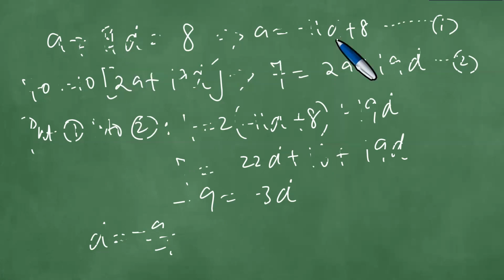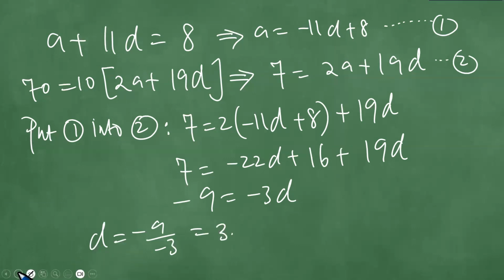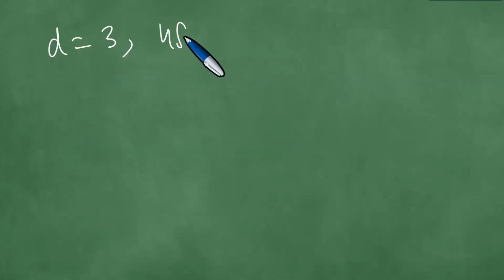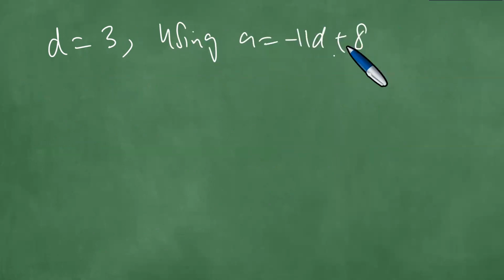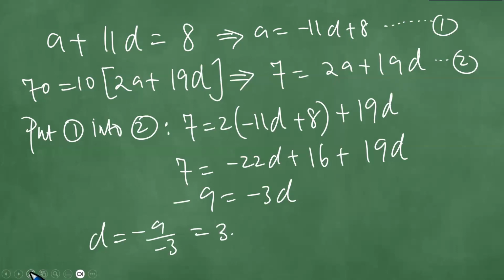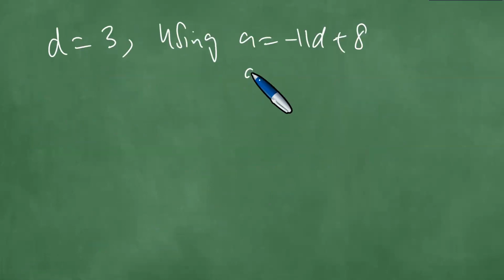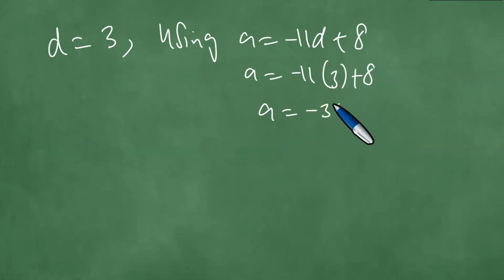Now we can use any of these equations, like a equals minus 11d plus 8. With d is 3, plus 8, it's minus 33 plus 8.